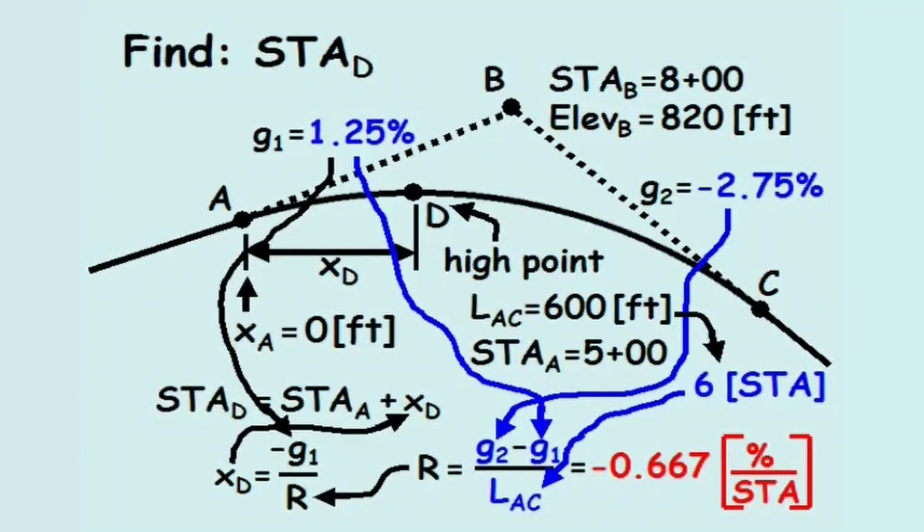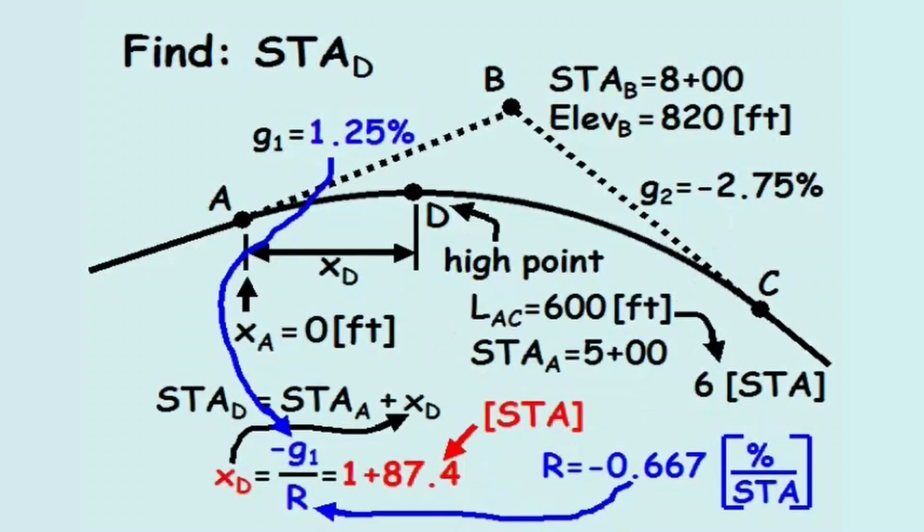Now we can solve for the value of xd, which equals negative 1.25% divided by negative 0.667% per station, which equals 1 plus 87.4, which is in the units of station.